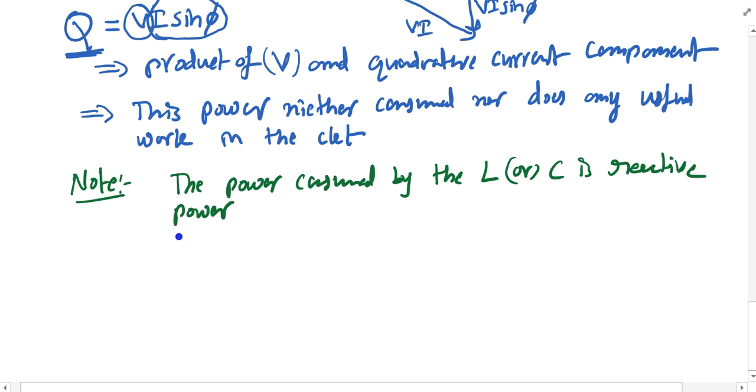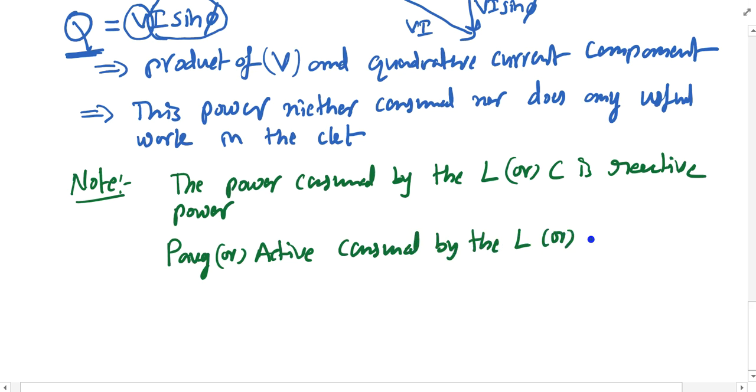But what about the active power, the average power? The active power consumed by the L or C is 0, isn't it? We have proved this many times.